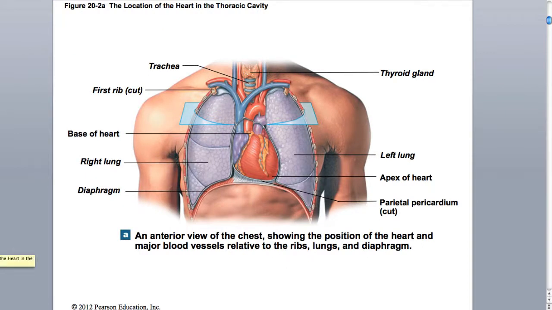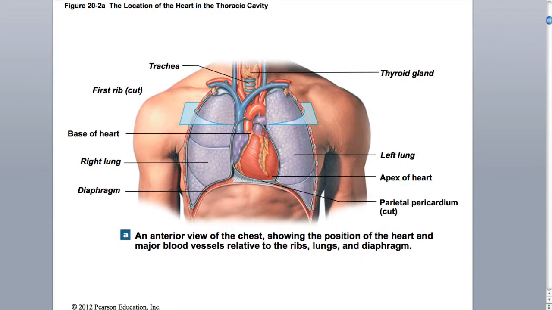And on page 671 you see this picture. Again, we see our major areas. We see the pericardial sac surrounding the heart. It is even labeled for you partially. So we have the pericardial sac surrounding the heart, the tip of the heart being the apex, and the top of the heart being the base.